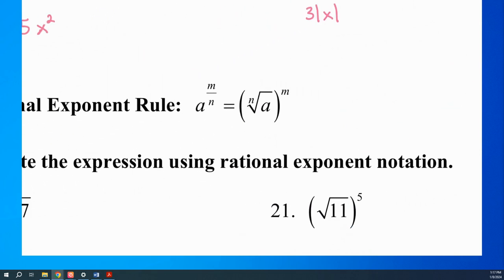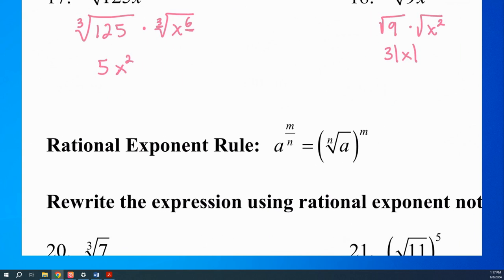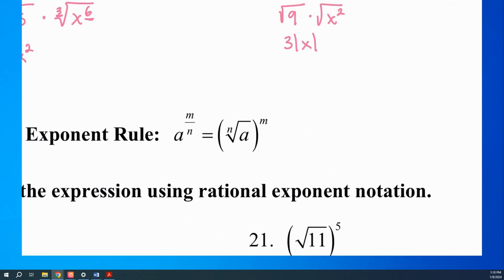All right. So the other thing we need to remember, and this is that exponent over index thing, is how we can rewrite things. So this is like our general rule. I am going to remind you of what the properties of this are. This little i out here is referring to the index.